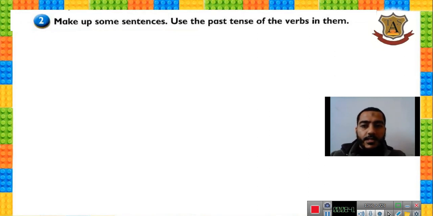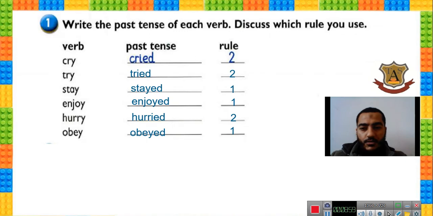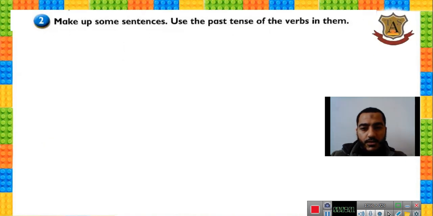Okay, very good. Let's see exercise number 2. Make up some sentences. Use the past tense of the verbs in them. The verbs that we answered now, we changed them to the past. Use them in sentences. The first one was cried. So put cried in a sentence.